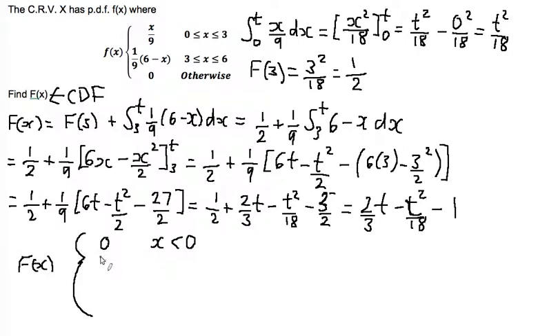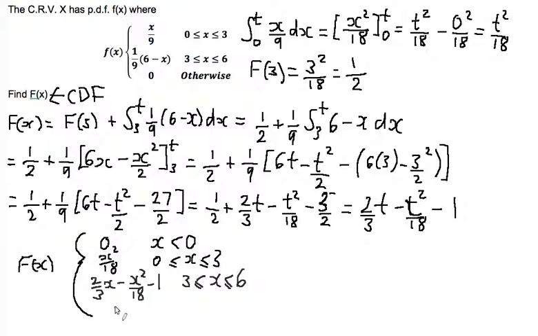It's going to be x squared over 18 for 0 less than or equal to x less than or equal to 3. Now we use the second function that I got as a result of integrating the second part: 2/3 x minus x squared over 18 minus 1 for 3 less than or equal to x less than or equal to 6.